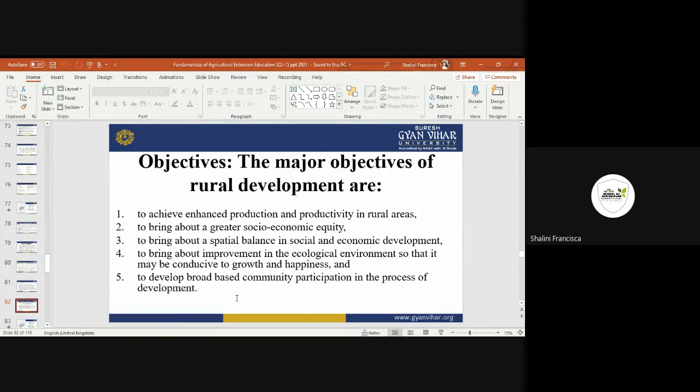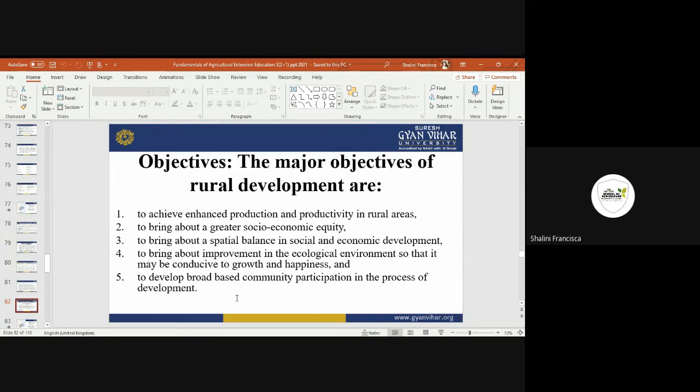Urban people work 8 hours and get around 40 to 45,000 for their work. But what about the people in the rural area? They have to work 12 hours, 24 hours, and then they get nothing out of it if their productivity is not good.